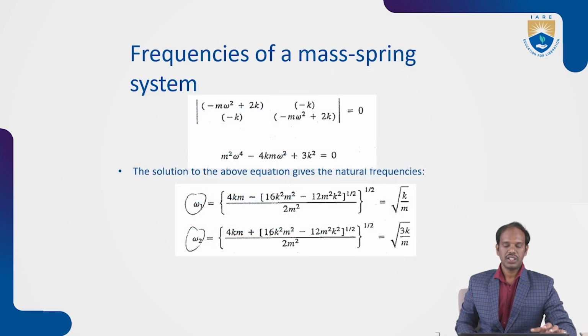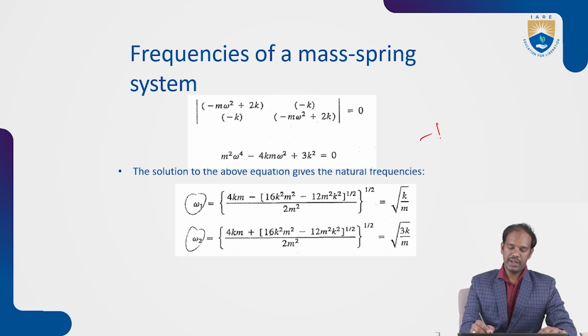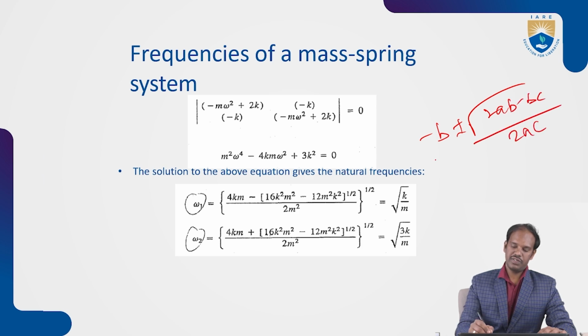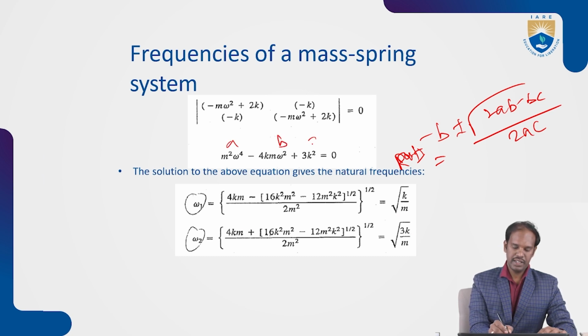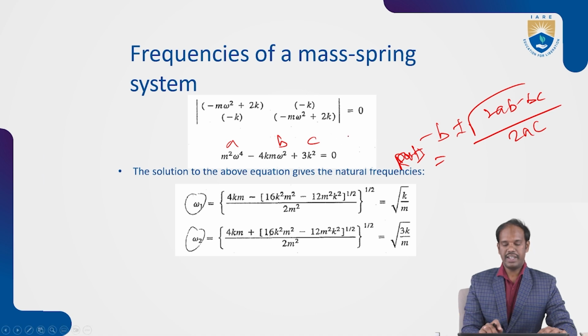So now let me solve this equation. We know minus b plus or minus under root of b square minus 4ac by 2a, using this roots equation. We are going to proceed with the plus and the minus equation. So we take a, b, c equals 0.